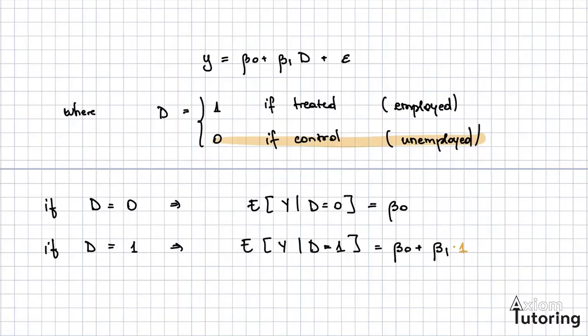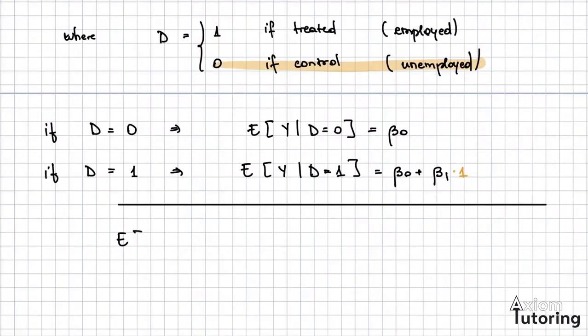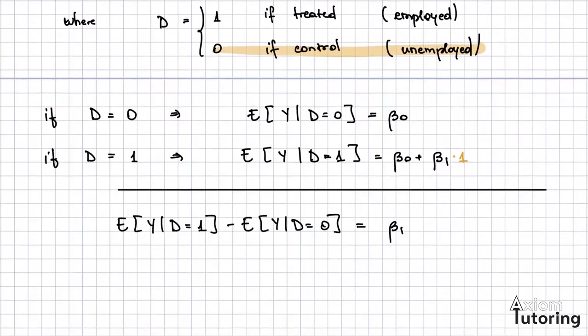It doesn't need to appear. Now, what happens when we subtract these two expressions? Well, the conditional expectation of y on d equal to 1 minus y conditional on d being equal to 0 is simply beta 1. So beta 1 is the difference in group means.